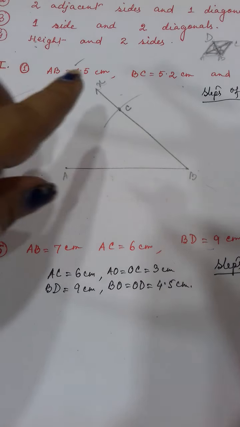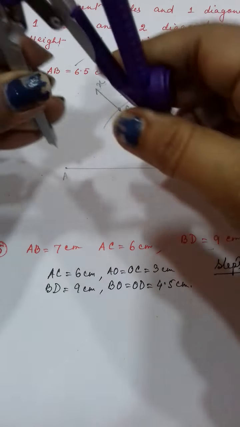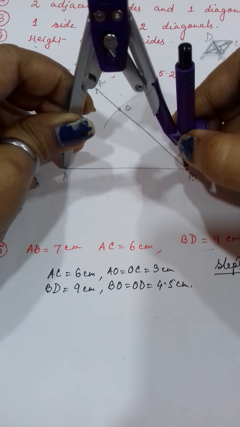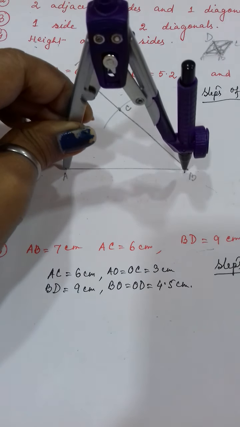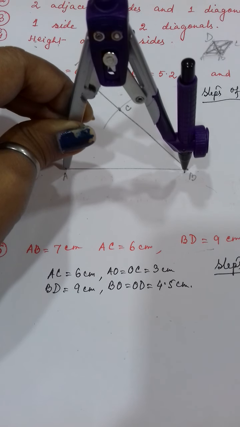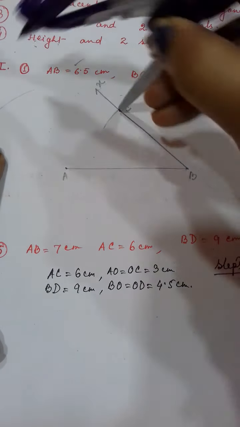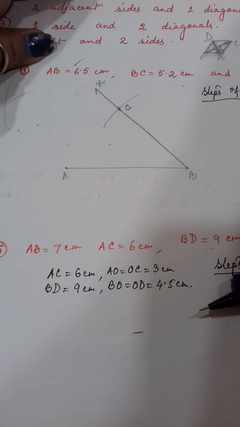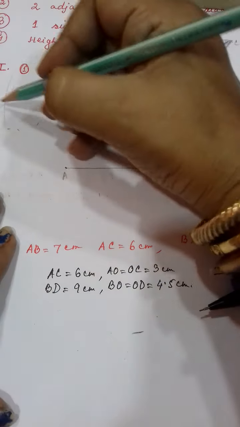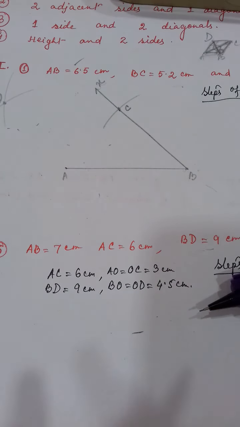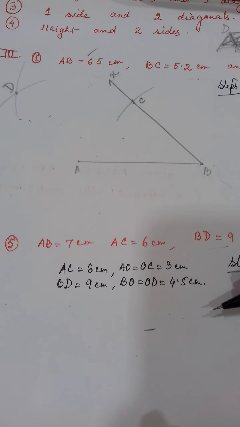Now another arc you have to construct to get the D point. Now consider the AB measurement. Again, opposite sides are parallel. By considering the AB measurement, with C as the center, you draw one arc which will intersect the previous arc at point D. Clear students? At point D.